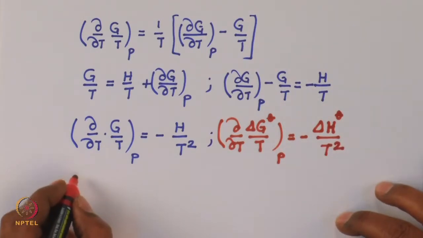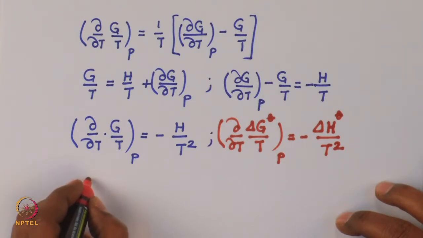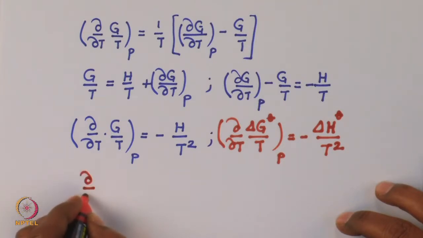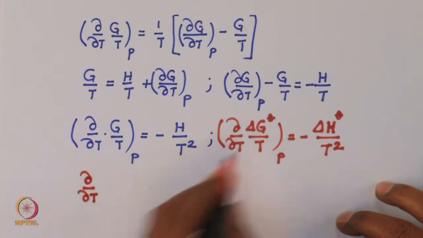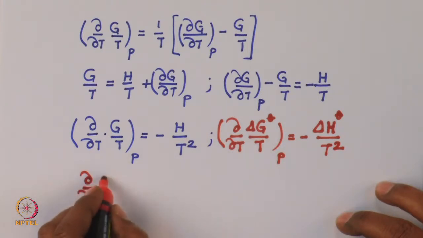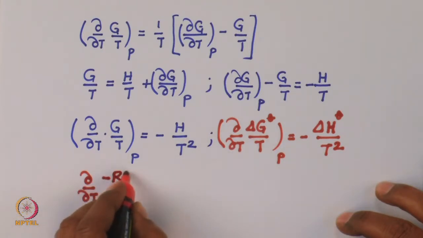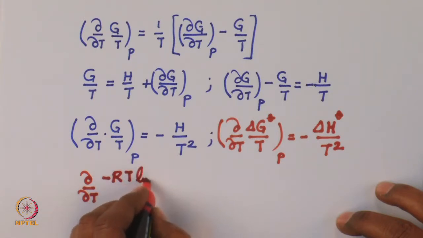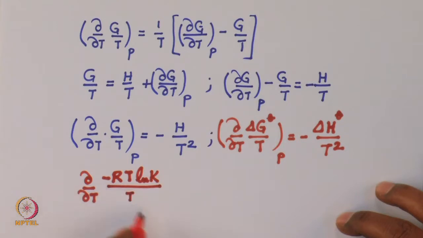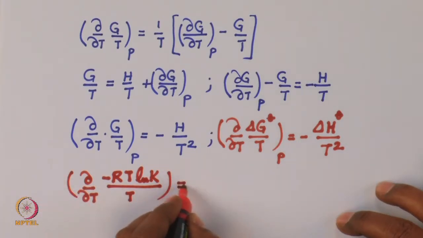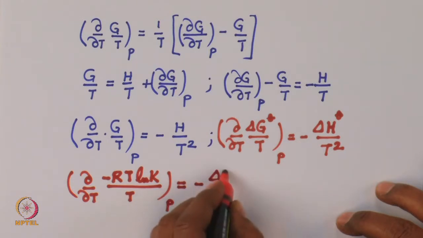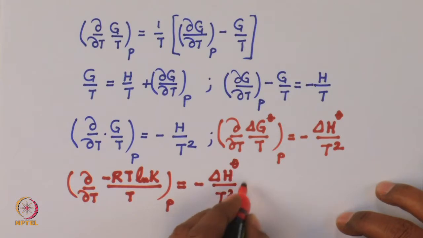And now, in place of delta G naught, I will write minus RT log K, because delta G naught is minus RT log K. So, minus RT log K by T at constant pressure is equal to minus delta H naught by T square.